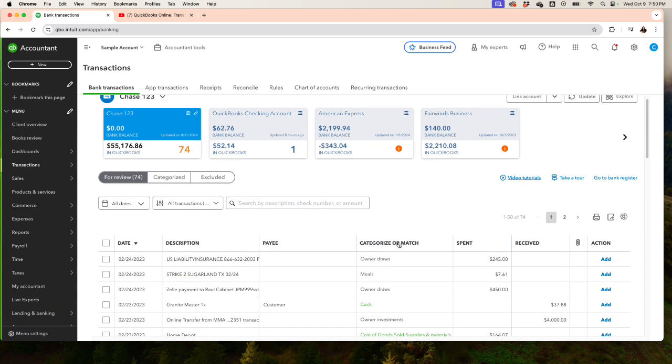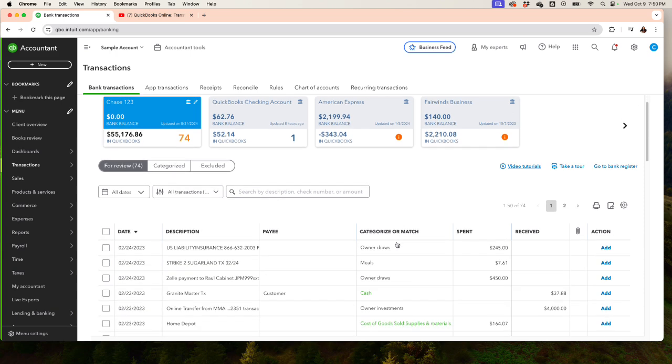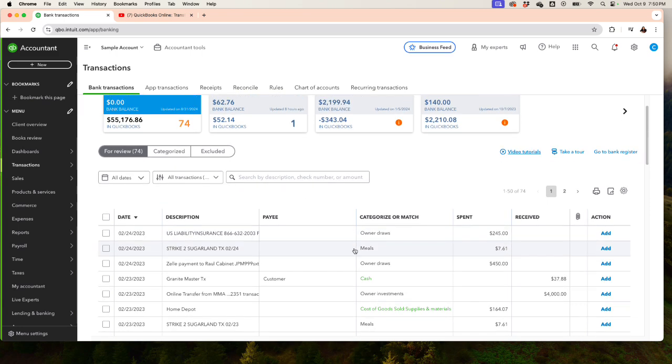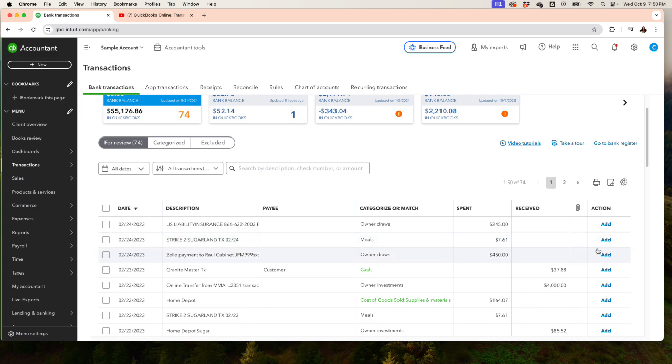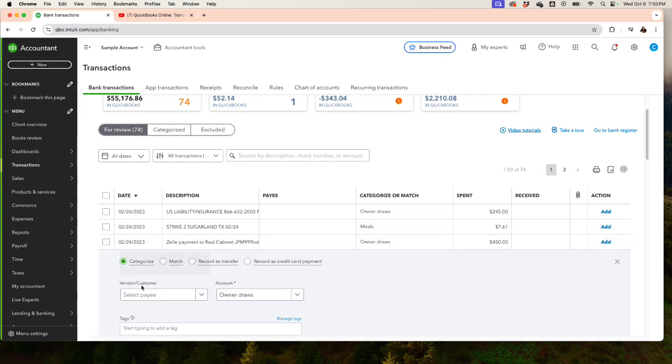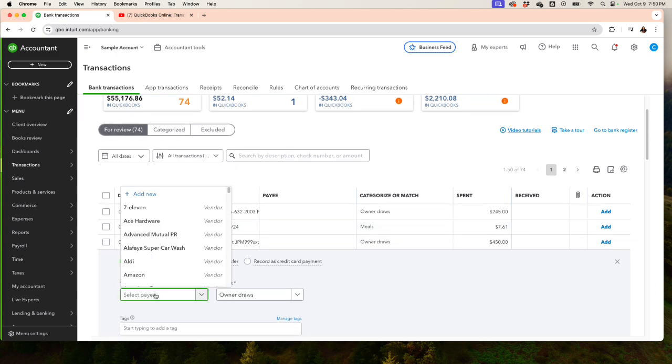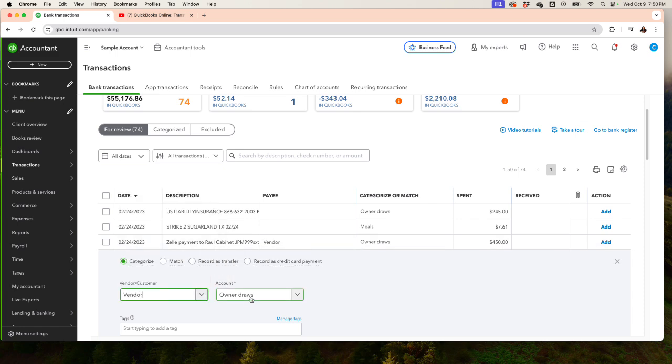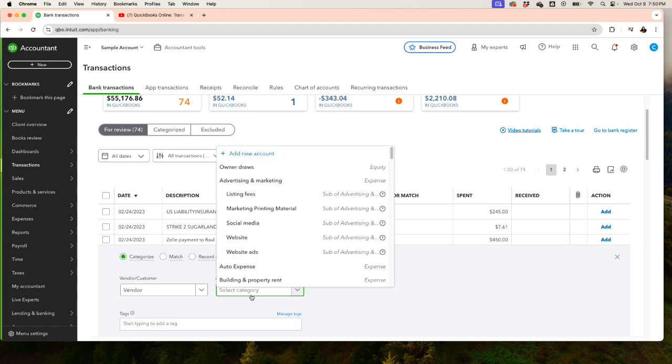Okay. Oh no, I'm sorry. To for review transaction. It was categorized. Now it's for review. Okay. So now I actually have to categorize it correctly. Okay. For the Zelle, for instance, I'm gonna put vendor. So you can put the vendor name on this. And then I can put what it is. Let's suppose that it was a contractor.